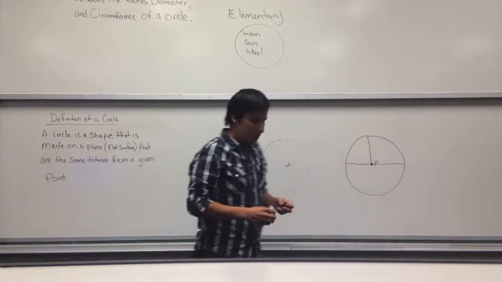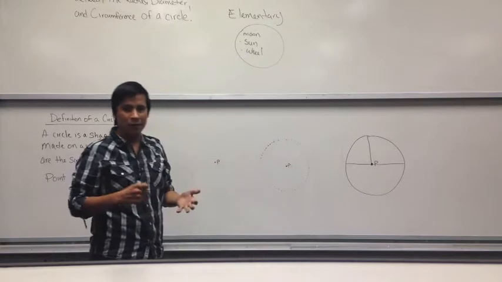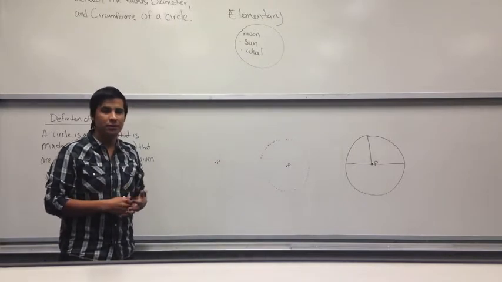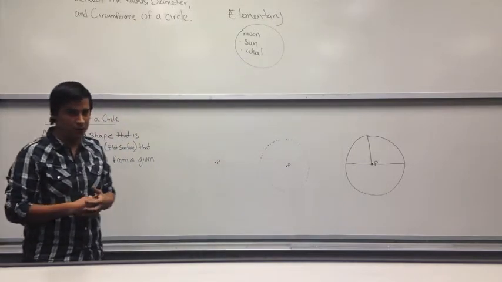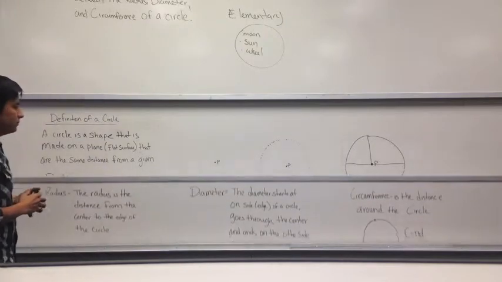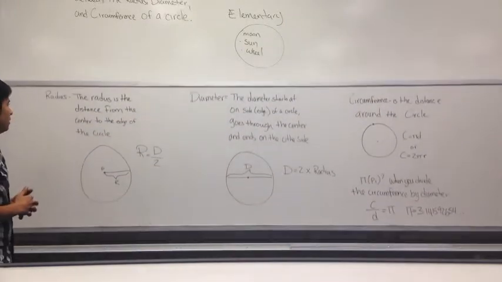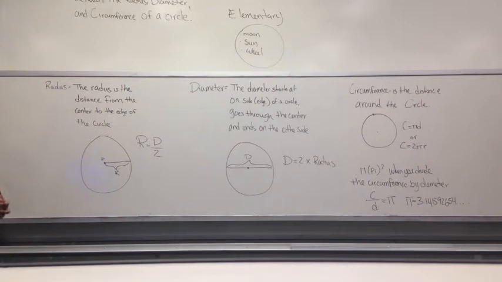Now, as I said, we're going to look at the relationships between the radius, diameter, and circumference of a circle. So let's look first at the radius. The radius is the distance from the center to the edge of the circle.